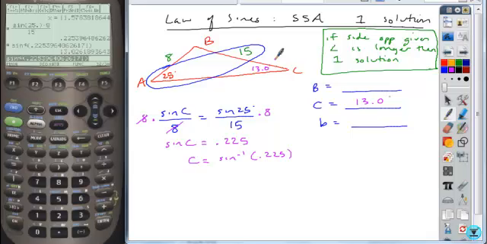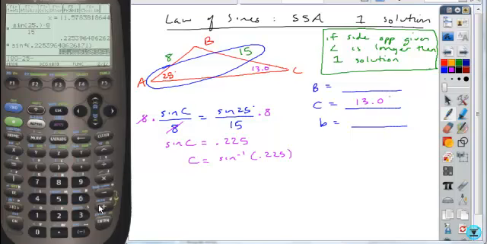Okay, once I find my first angle, now what's the next piece of information I can solve for? Angle B, using the triangle sum. Take 180 degrees, subtract the two angles that you just measured, so 25 and 13.0, and I get my angle B to be 141, or actually 142.0 if I'm rounding.